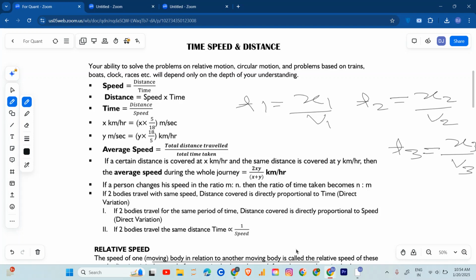Okay. So we have total time x1/v1 plus x2/v2 plus x3/v3, and we have total distance, that is x1 plus x2 plus x3.